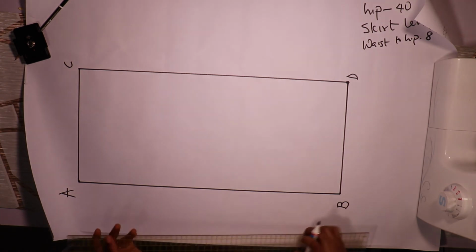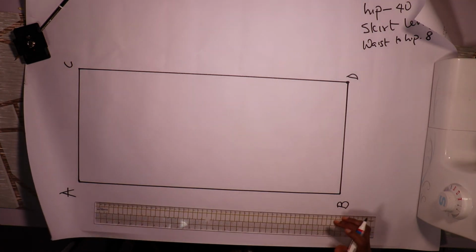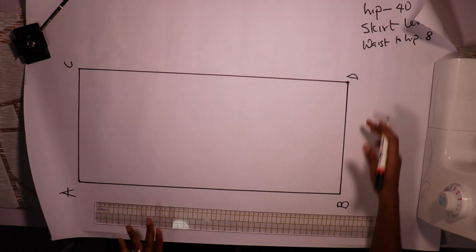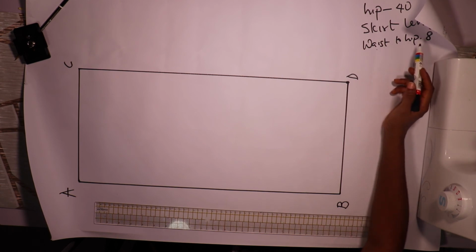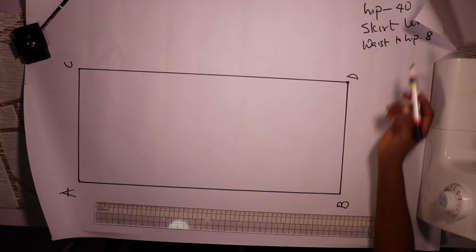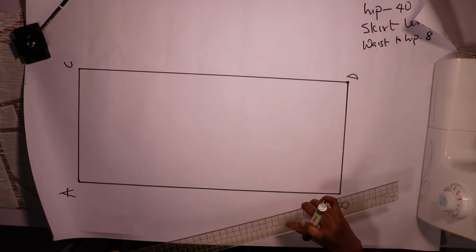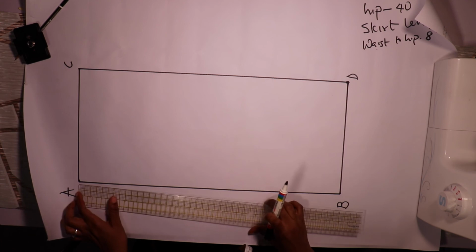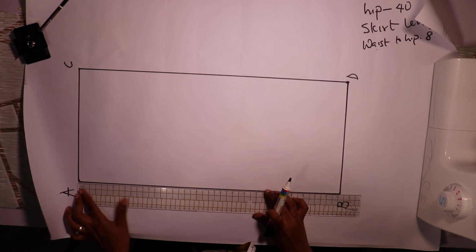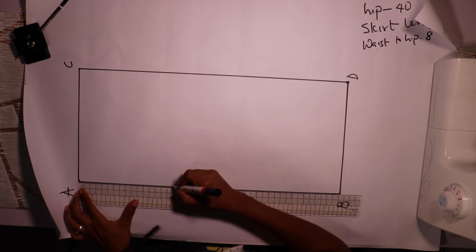The next thing we want to get is the distance from our waist to our hip, which is 8 inches on my measurement. I'll take my ruler and from the top, from A, I'm going to measure 8 inches.